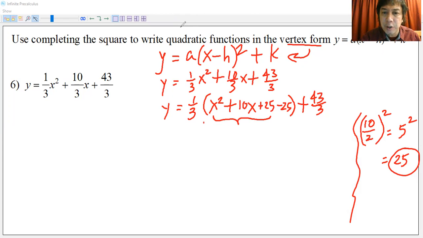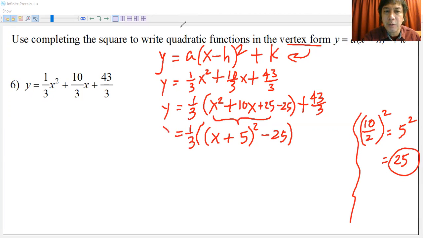So remember this outer parenthesis, that's the one, okay? Now these 3 terms, this is equivalent to another group, squared, like that. And this is equal to x plus 5 there. And so the minus 25 is still there, and the 1/3 is over here, and the equals and the y.